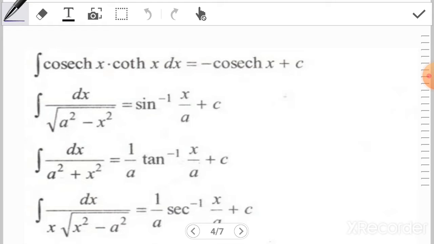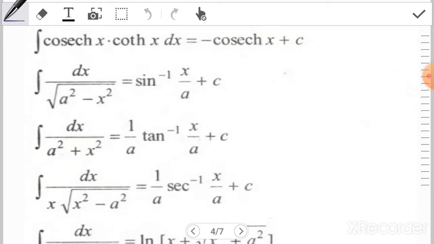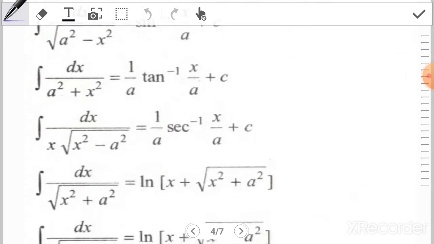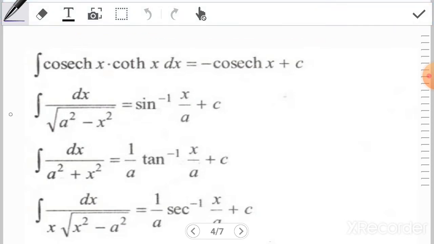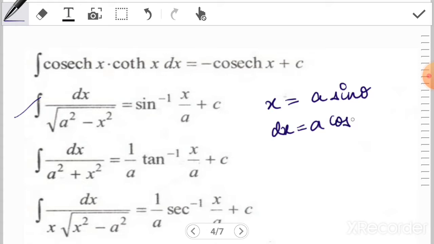Here is the summary of some important results. Try to derive these integrals using the methods of integration discussed so far. For example, in this case, put x equal to a sin theta to get dx equal to a cos theta d theta, and then proceed.